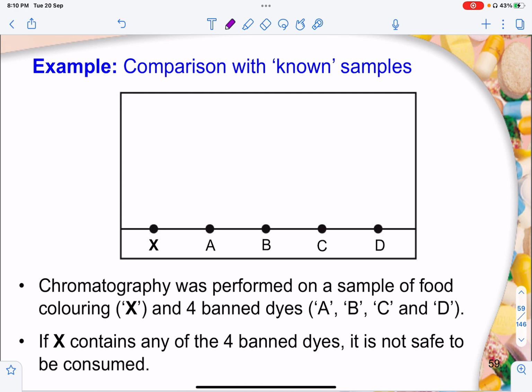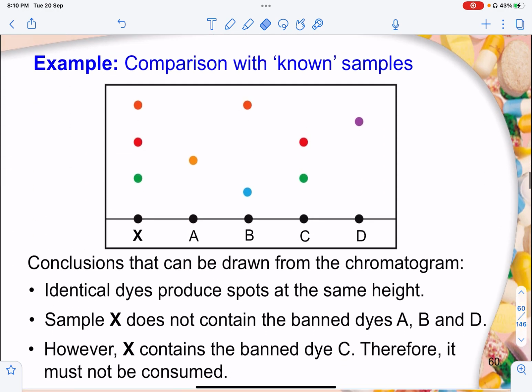So in this case, when you want to understand the food sample X, you have already identified different known substances like A, B, C, D. We make it similar to a drug test. So X is the urine test of the athlete, whereas A, B, C, D are known drugs.